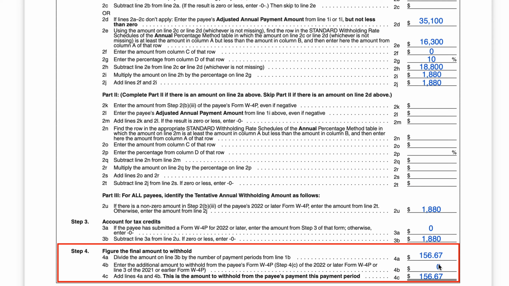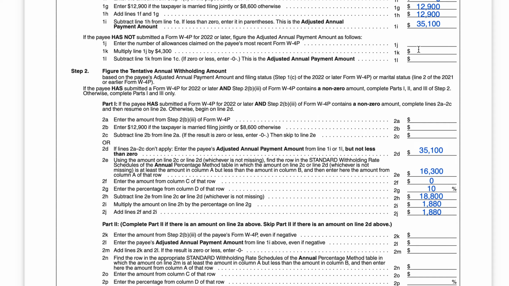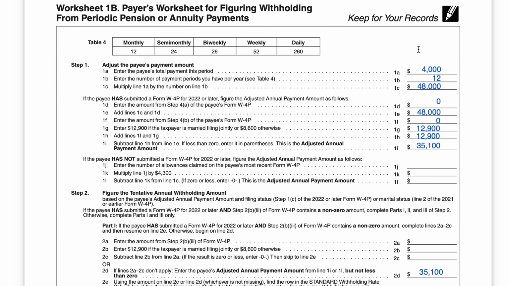Now, if John was being paid semi-monthly, then the $50 that he put on the Form W-4P would be applied twice a month, which would make that $100 per month or an additional $1,200 per tax year. So again, be careful on what you enter into these numbers, because they are the forcing mechanism for your payer to walk through this worksheet.